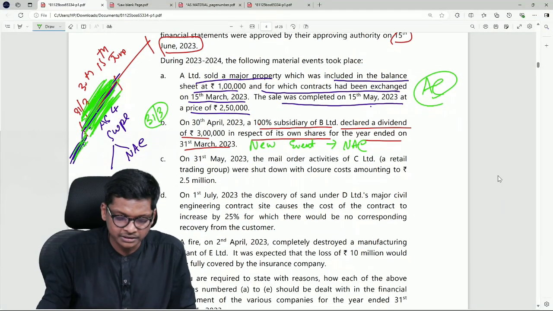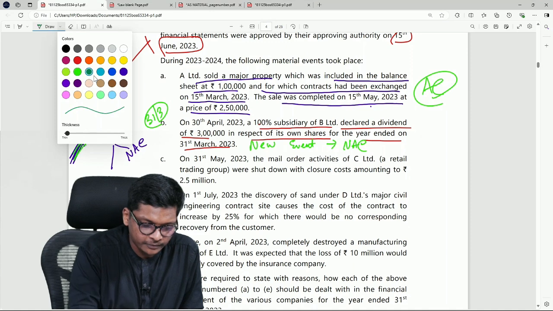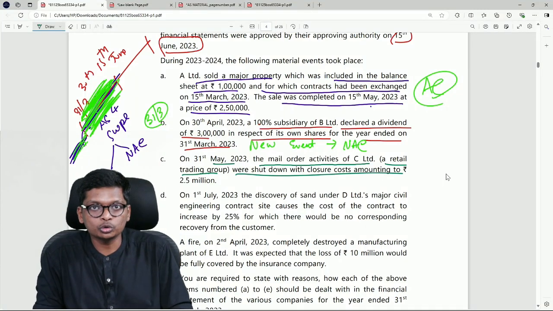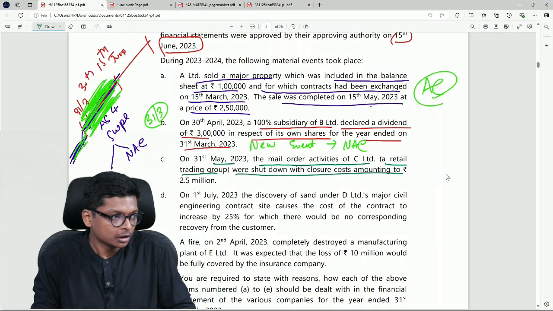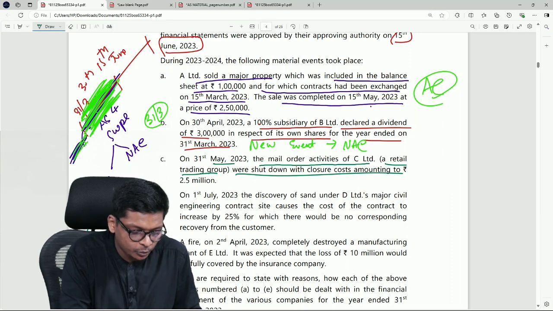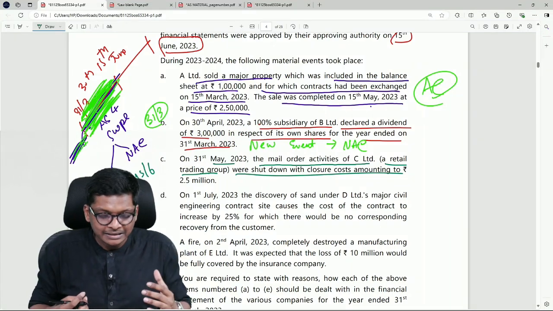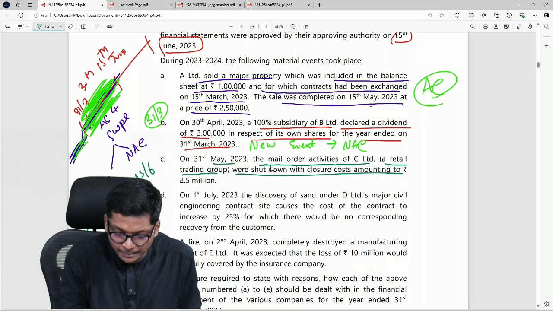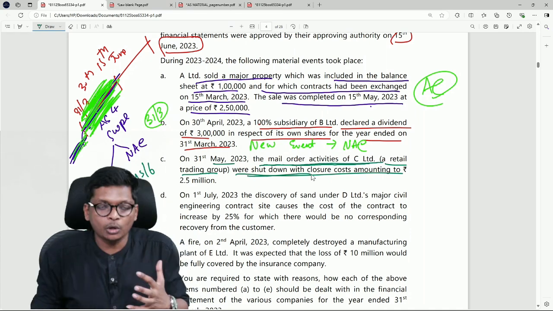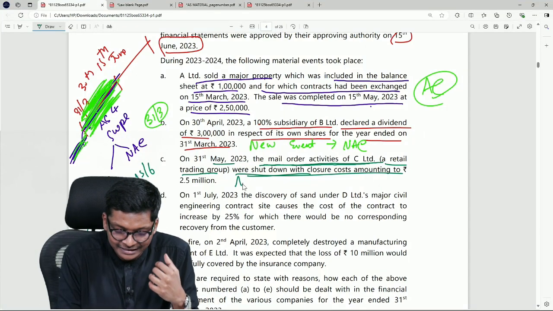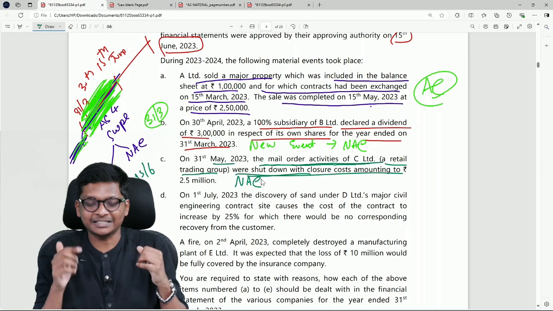Next, on 31st of May, the mail order activities of C Limited, a retail trading group, were shut down, and the cost amounts to 2.5 million. This is happening between 31st March and 15th June. This only is in AS4 scope. So this is covered in AS4. But it's a new event because on 31st May the mail order activities of C Limited were shut down. As of 31st March I didn't know. Yes, it is a non-adjusting event.